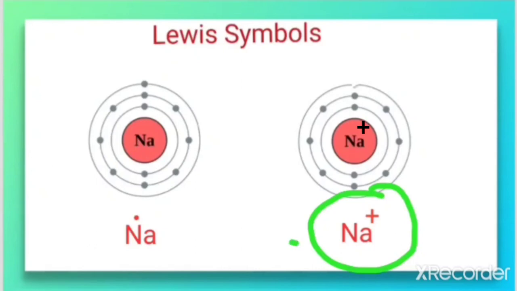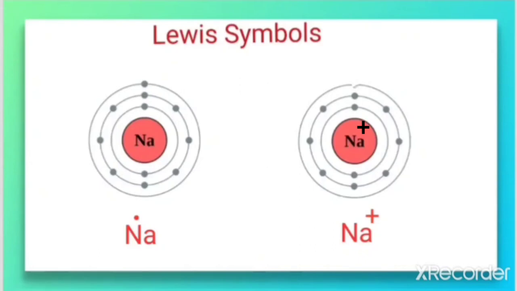So compare this and this. What is the difference? Here there is a single valence electron in the sodium atom, but in the sodium ion there is no electron in the outermost shell, that is the third shell. So we will not keep any dot, but we need to keep the positive sign.